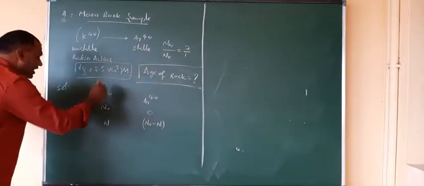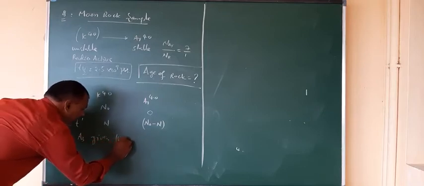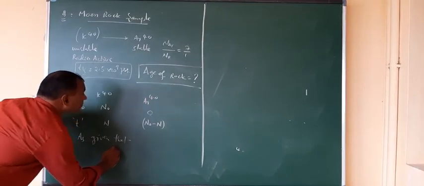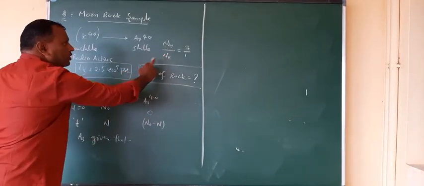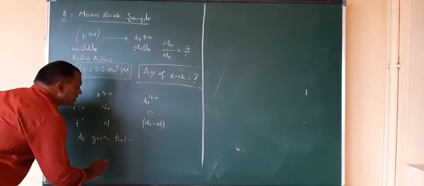So what is given here is the number of nuclei in argon to the number of atoms present in potassium.